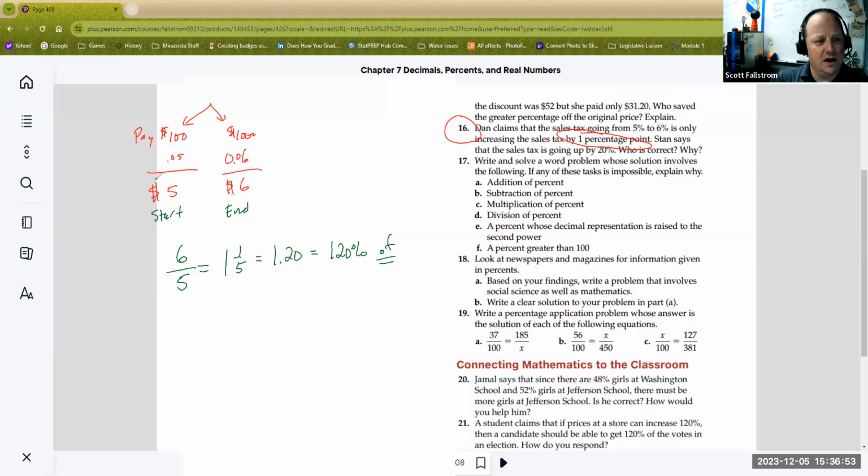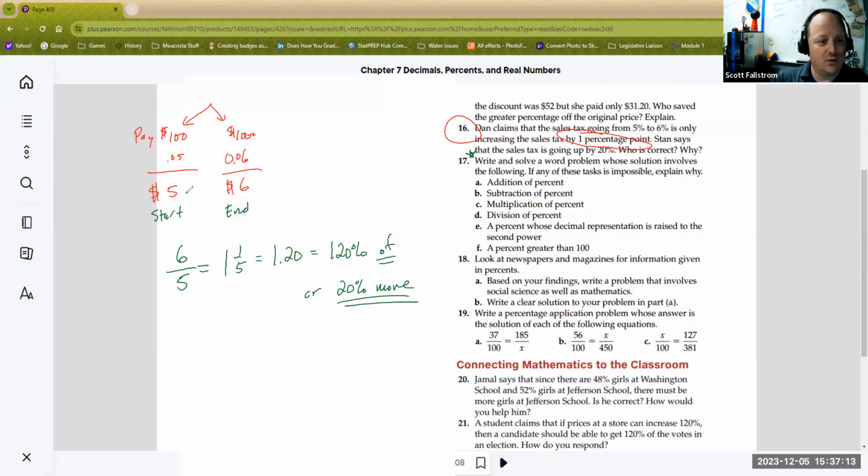That means we pay the 5% plus we pay an extra 20%, or you can say this is 20% more. So we are now paying 20% more tax than we were before. So that is completely correct, Stan.